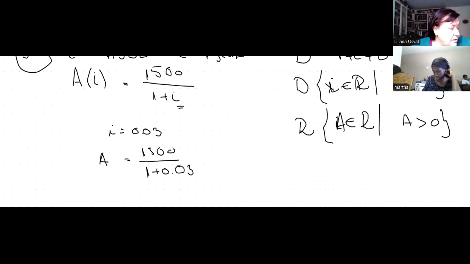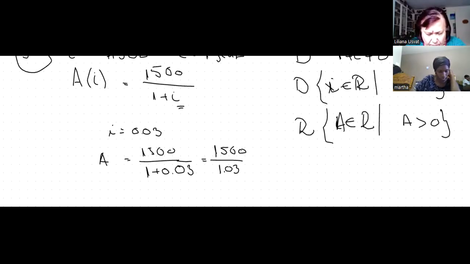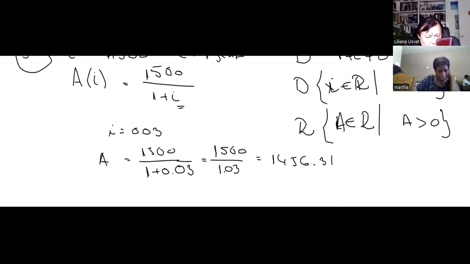Let's use a calculator: 1,500 divided by 1.03 is 1,456.31.